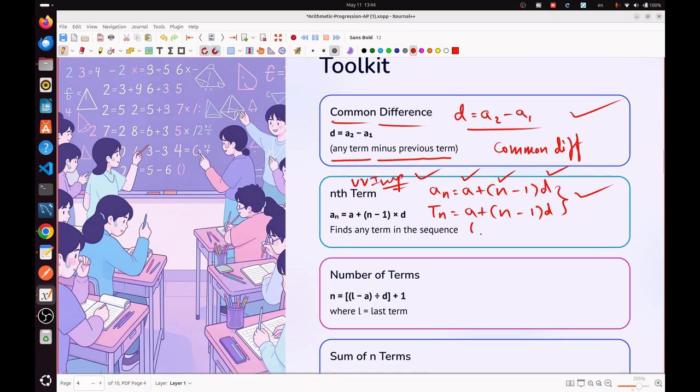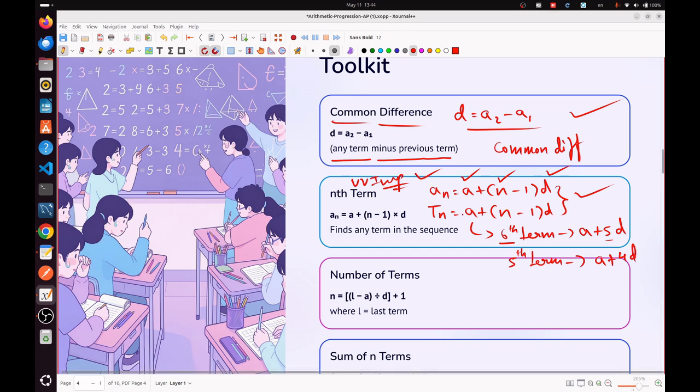In this formula, I am going to show you one thing if you want to solve any problem quicker. If they ask to find the sixth term in the question, then the formula is a plus 5d. For the sixth term, you need to subtract 1, that is a plus 5d. If they ask for the fifth term, what you need to do? a plus 4d.